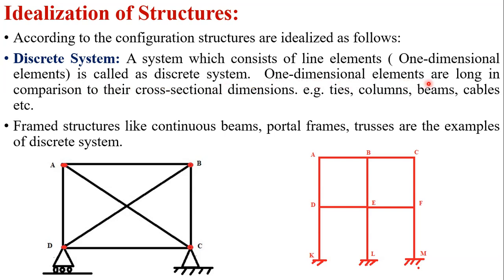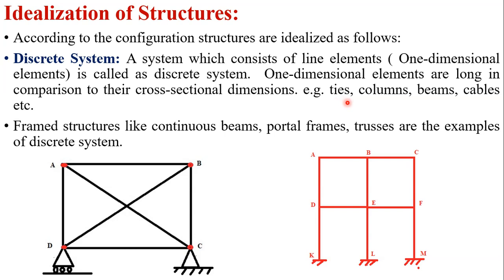One-dimensional elements are long in comparison to their cross-sectional dimensions. So here, what is the meaning of one-dimensional elements? One-dimensional elements are the elements which are long in comparison to their cross-sectional dimensions. For example, ties.